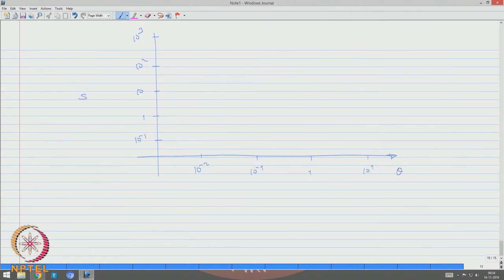This I am plotting S u omega versus theta. This is the plot, or I should say plots of wind spectra. Typical API spectrum starts from here and goes this way. This is my API spectrum.